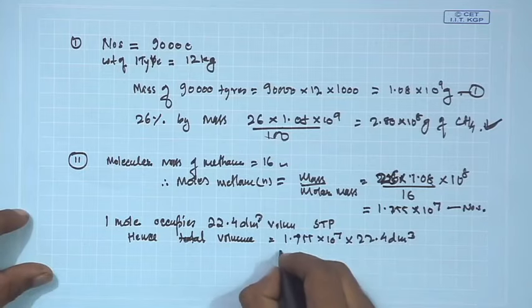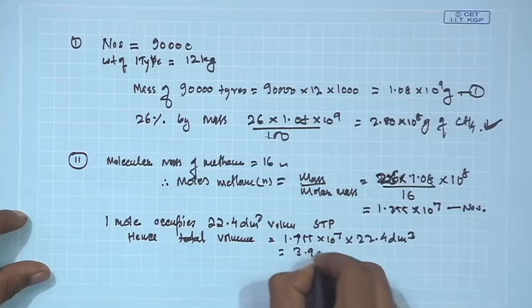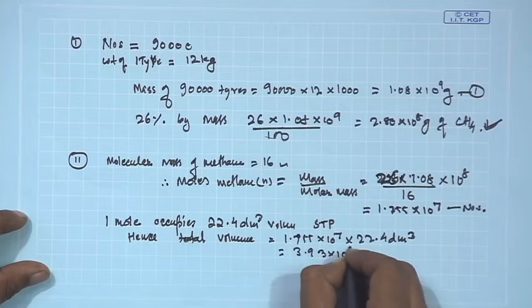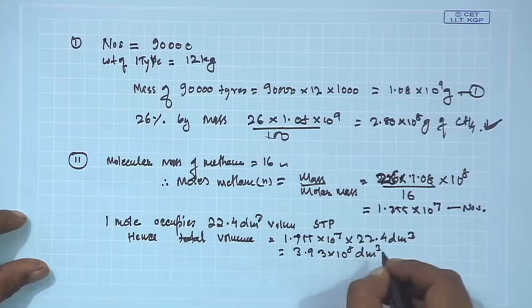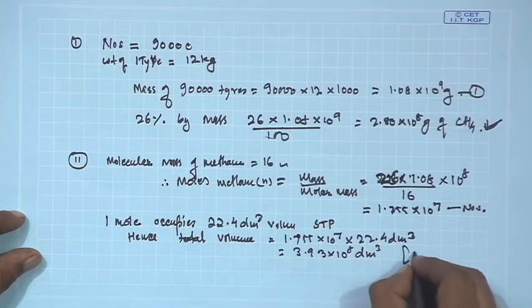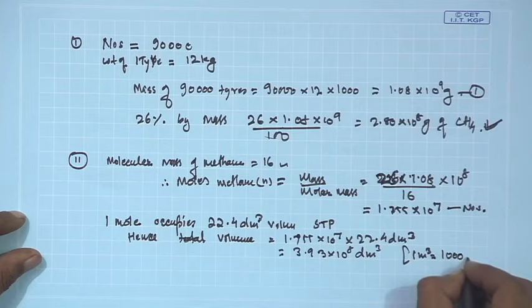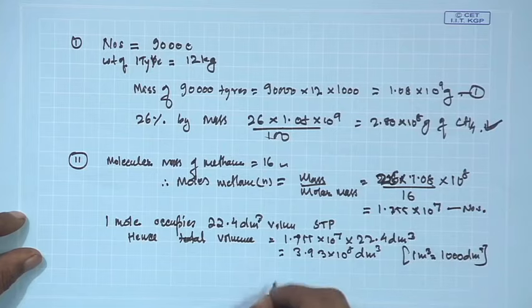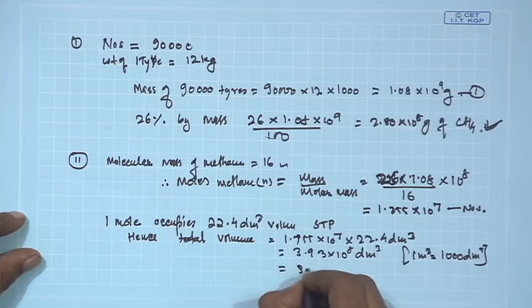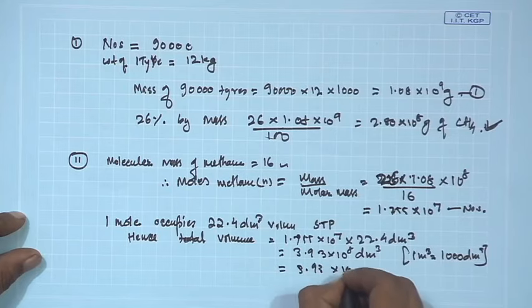If we multiply this, that would be 3.93 into 10 to the power 8 decimeter cube, and since 1 meter cube equals 1000 decimeter cube, converting into meter cube gives 3.93 into 10 to the power 5 meter cube.